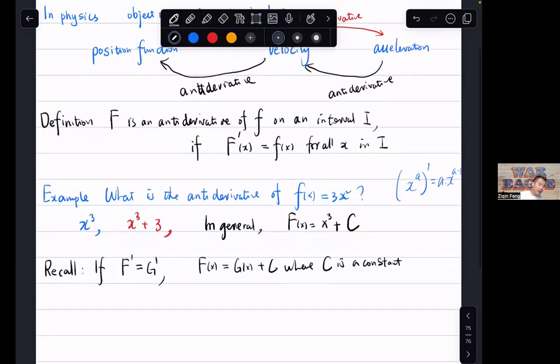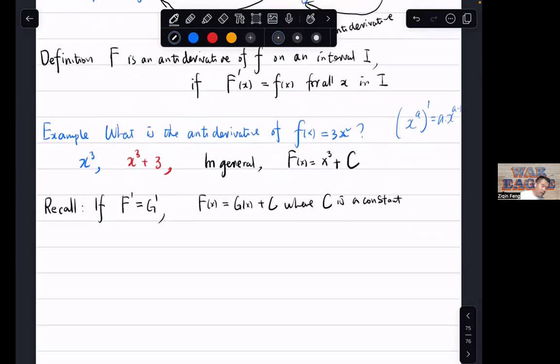So let's write down our very important result, a theorem, the way to discuss the antiderivative.